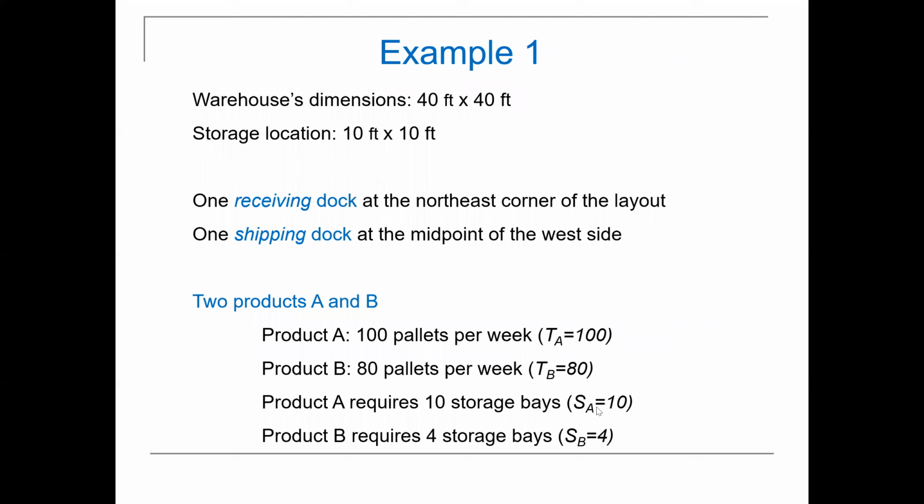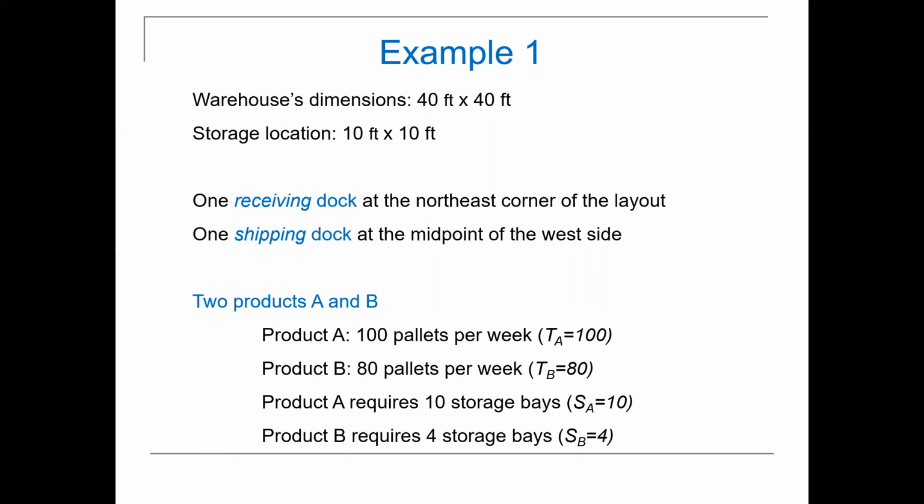So let's look at one example. In this case, we have a warehouse with dimensions of 40 feet by 40 feet, and we have storage locations that are of a size of 10 feet by 10 feet. We have one receiving dock at the northeast corner of the layout and one shipping dock at the midpoint of the west side.